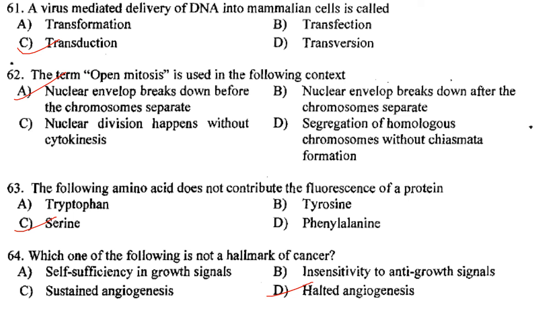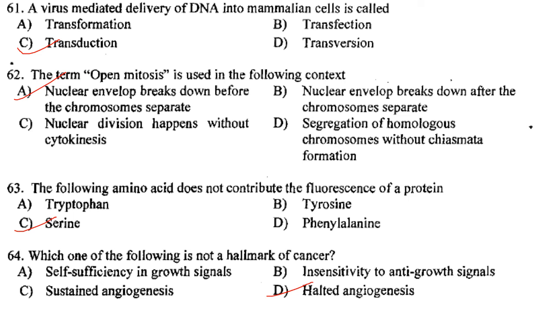Then next one. A virus mediated delivery of DNA into mammalian cell is called. It is called as transduction. Okay. So transfection is the process of deliberately introducing naked or purified nucleic acid into eukaryotic cell.